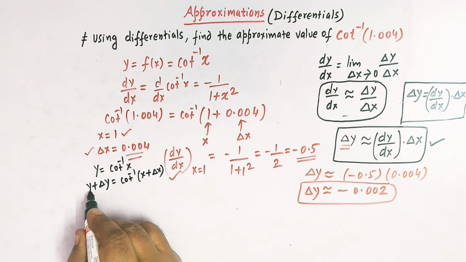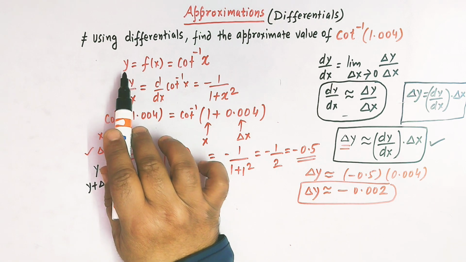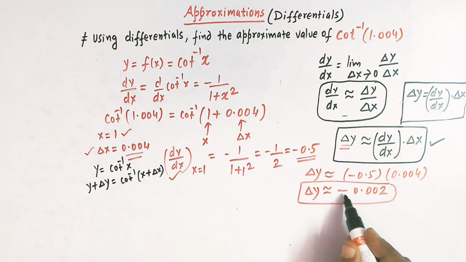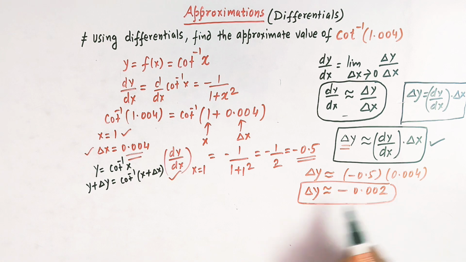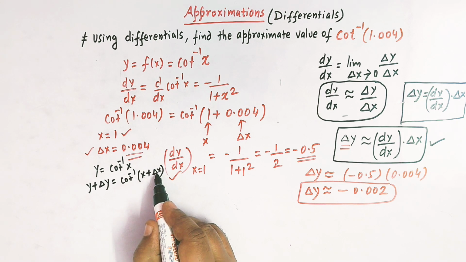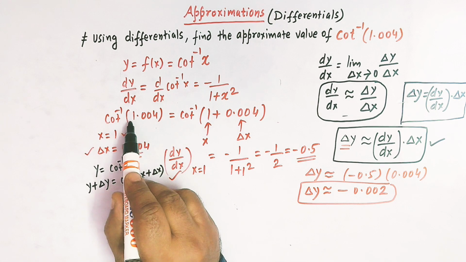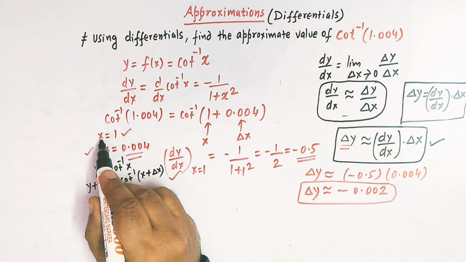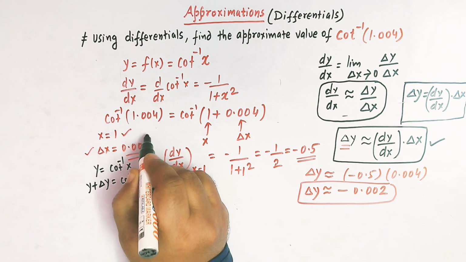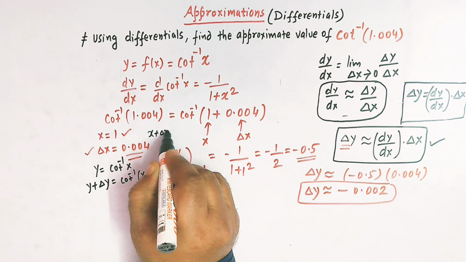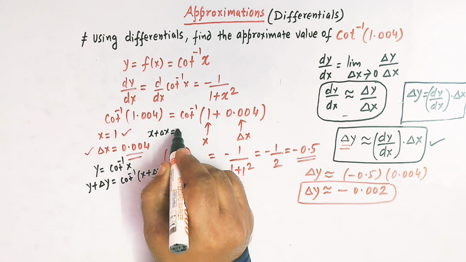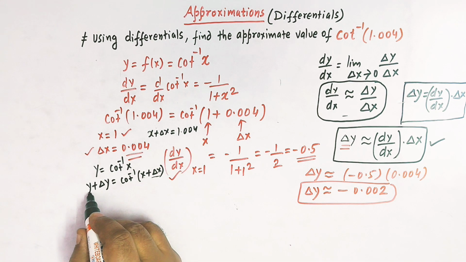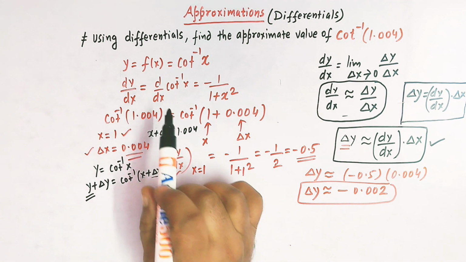Here y is cot inverse x, delta y is negative 0.002, and x plus delta x is equal to 1.004.